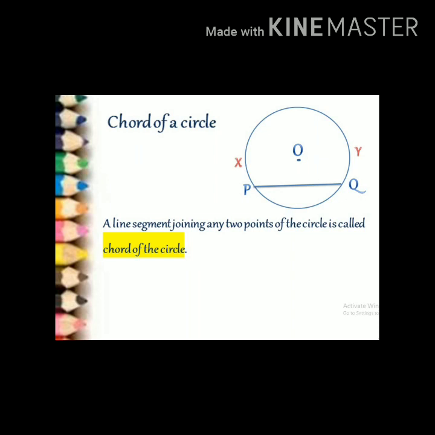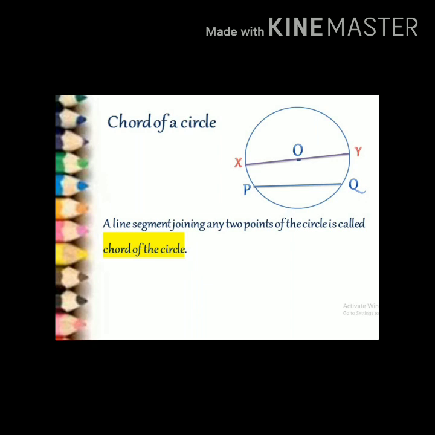Now, I am marking another 2 points X and Y. Let's join them, but remember, we are going to join X and Y through the center of the circle. And we know XY is called, correct, the diameter of the circle. What is a chord?